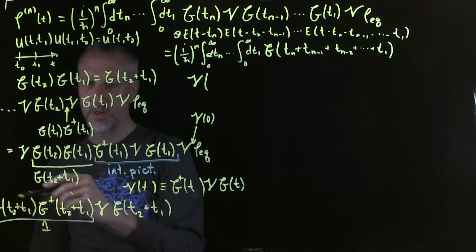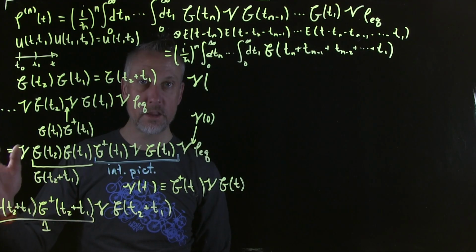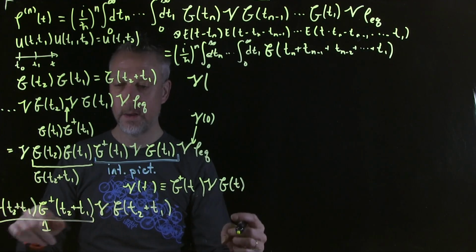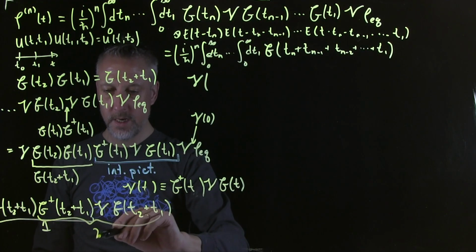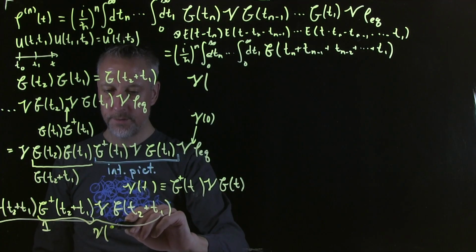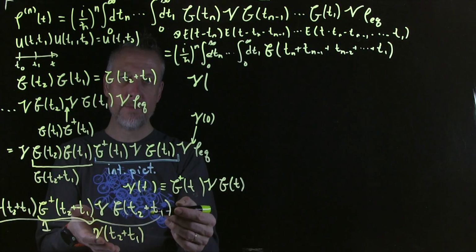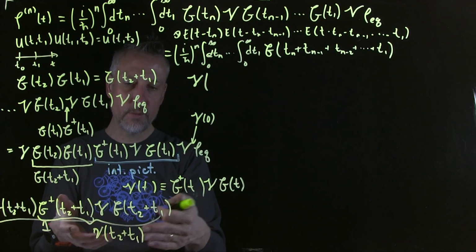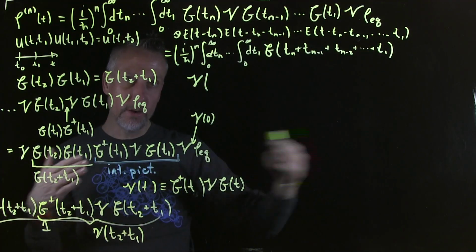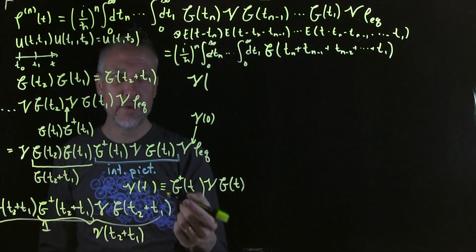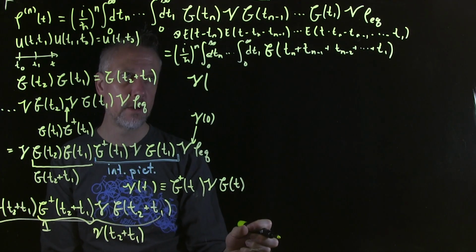The one after it is going to be G of T3, so that's going to get G of T3 plus T2 plus T1. This is going to give us V of T2 plus T1. That's why the time intervals add up in the V's. We don't only have one V with all the time intervals. We have an infinite number of V's with all the sums of the different intervals.